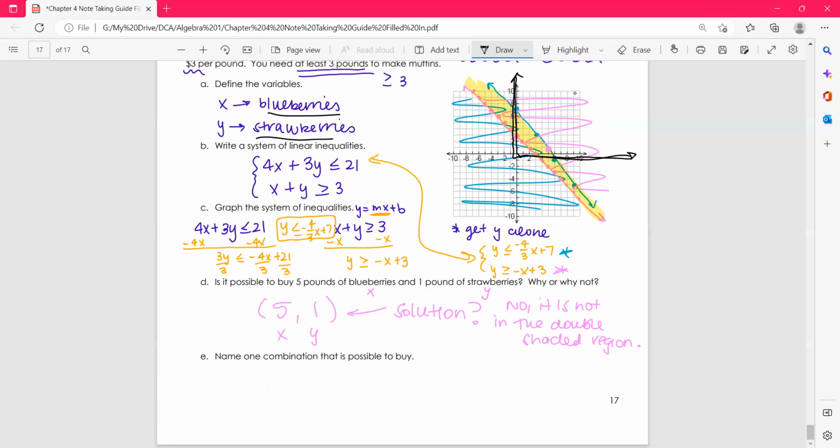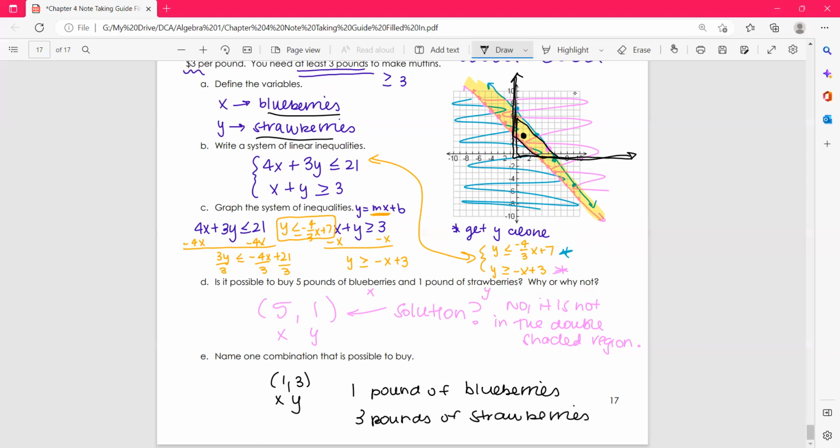So I can only pick something that's in this yellow shaded region. I'll just go right here. Let's say 1, 3. That's x, y. So we'll say 1 pound of blueberries and 3 pounds of strawberries.